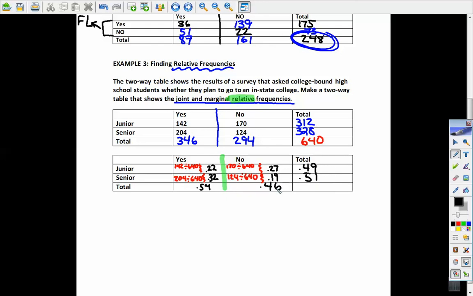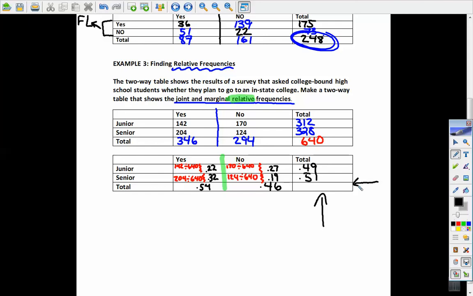Guys, here's the significance. Again, these are all percents as a what right here? Decimal. When you do the sum of this column right here and the sum of this bottom row right here, your totals, what's the total sum? 1. 1 indicating what percent? 100%.